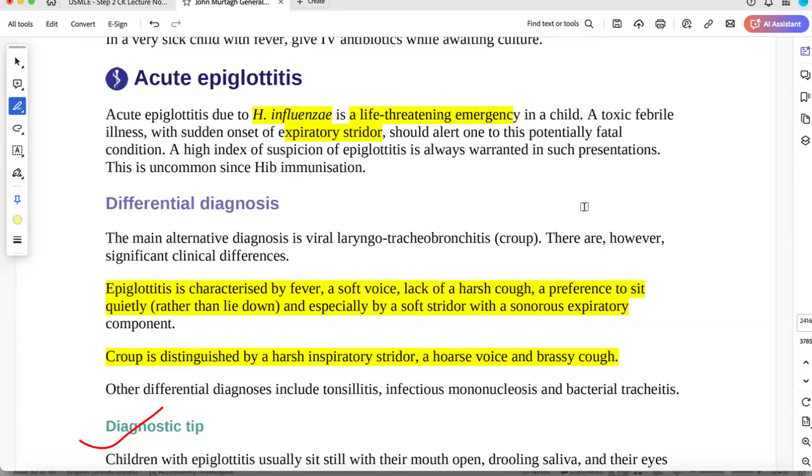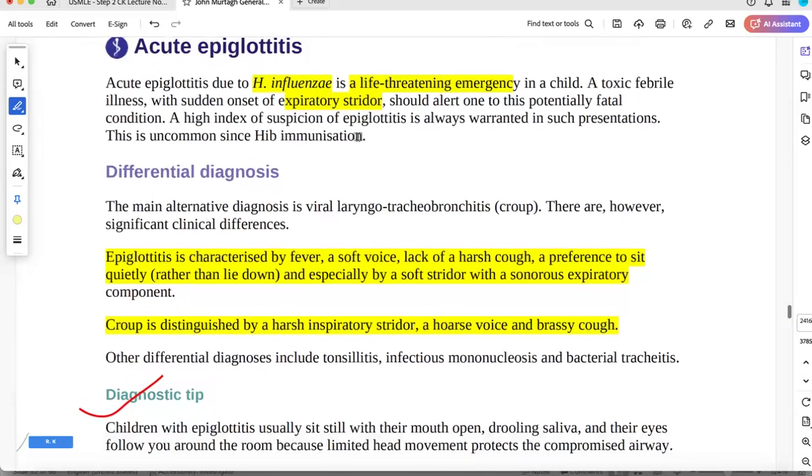Haemophilus influenzae is a bacteria. It's not influenza. So acute epiglottitis is a very bad infection caused by this Haemophilus influenzae. It's a life-threatening emergency in a child. The child will look very, very unwell, toxic, with high fever, and with stridor.